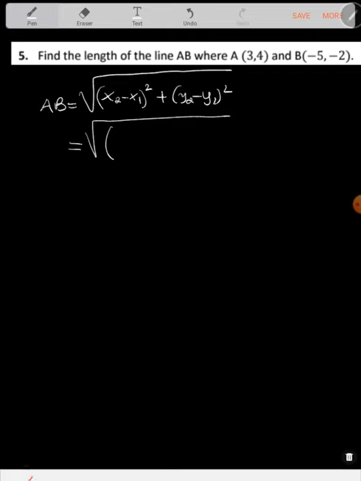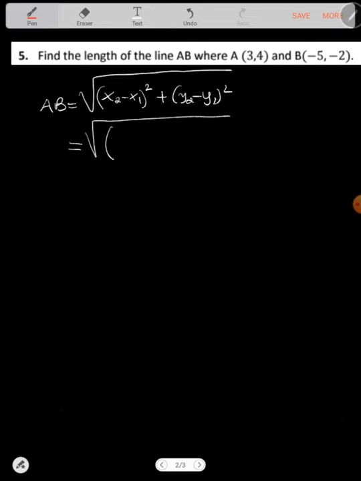We have our x2 here as negative 5, minus x1 is 3, squared plus y2 is negative 2 minus 4, y1, squared.